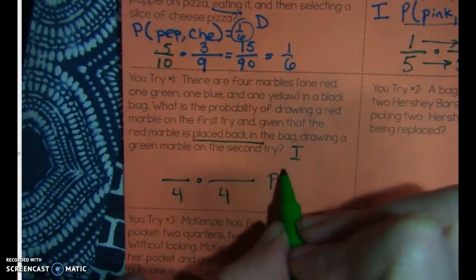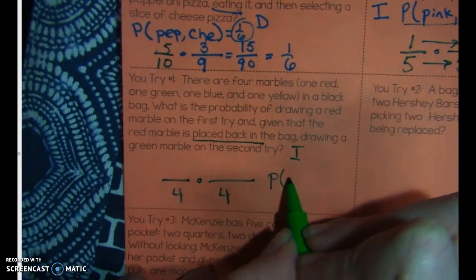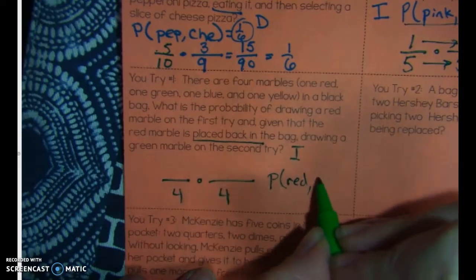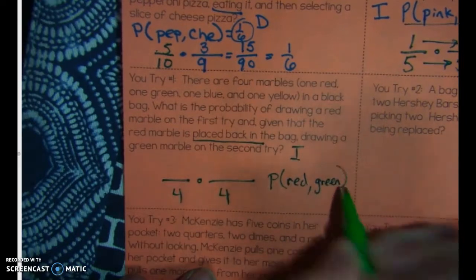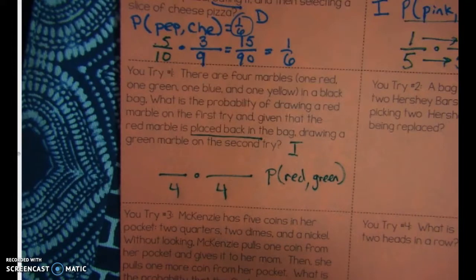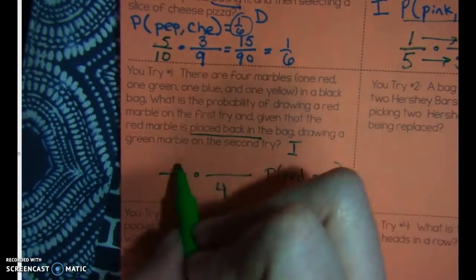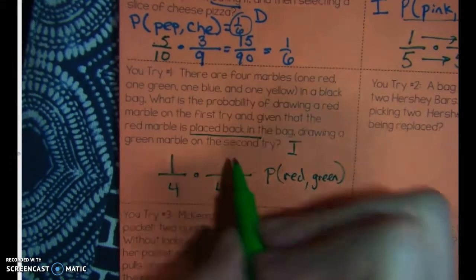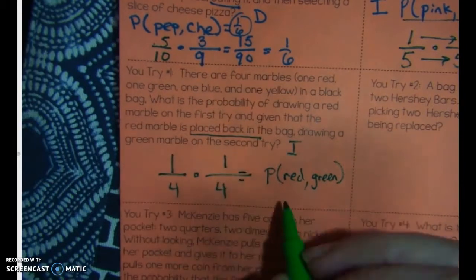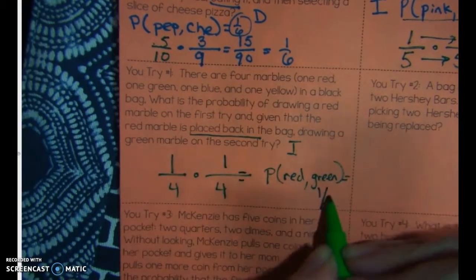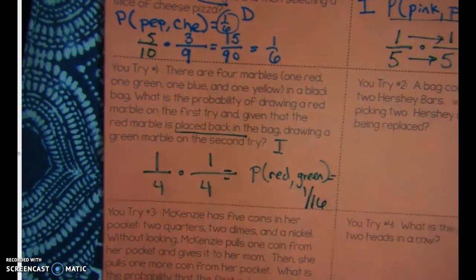So I want to find the probability of getting a red and then a green. So how many red marbles do we have? 1. How many greens do we have? 1. So what's 1/4 times 1/4? 1/16. Right.